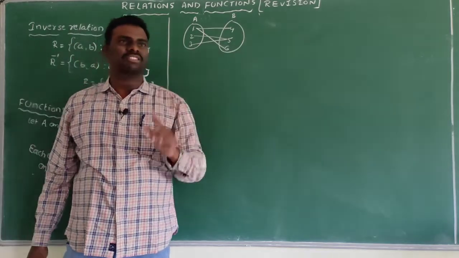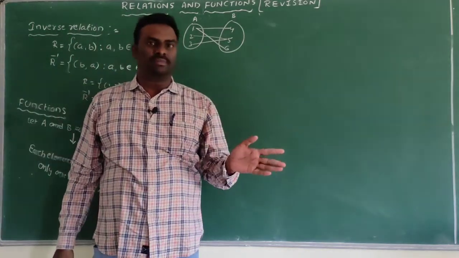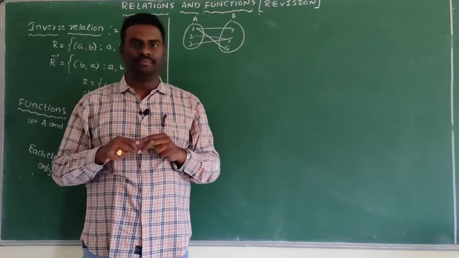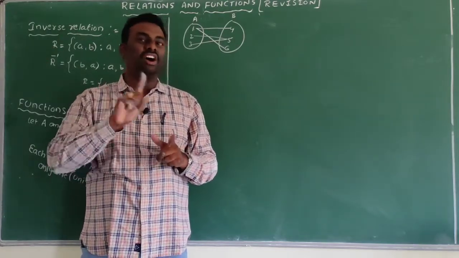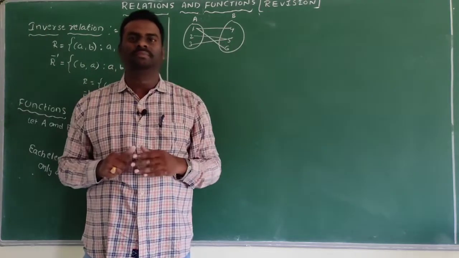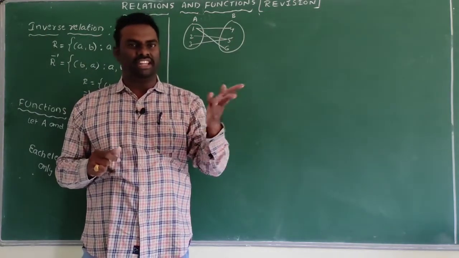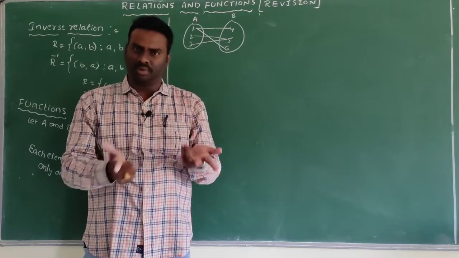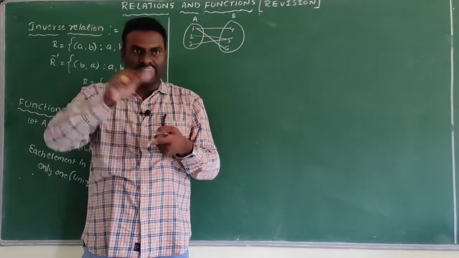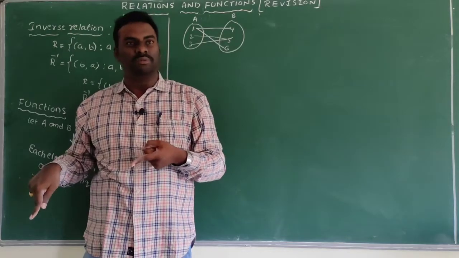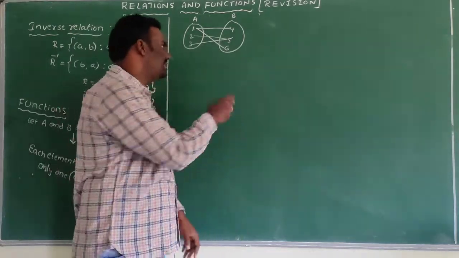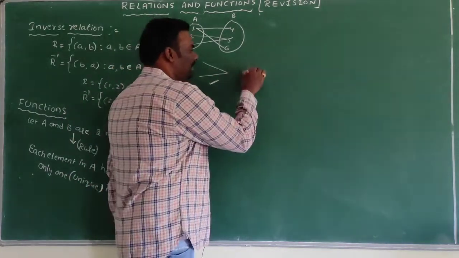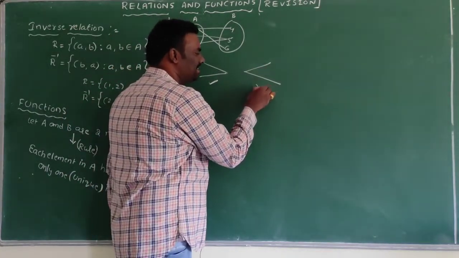If you take a simple example, if a student wrote exam, 2 subjects he can get same marks, but one subject he can't get 2 different marks. For example, you take physics and chemistry. Physics he got 90, chemistry he got 90. That is possible. In physics he got 90 and 80. That is not possible. That's why, dear students, you remember this condition exists, but this condition does not exist.